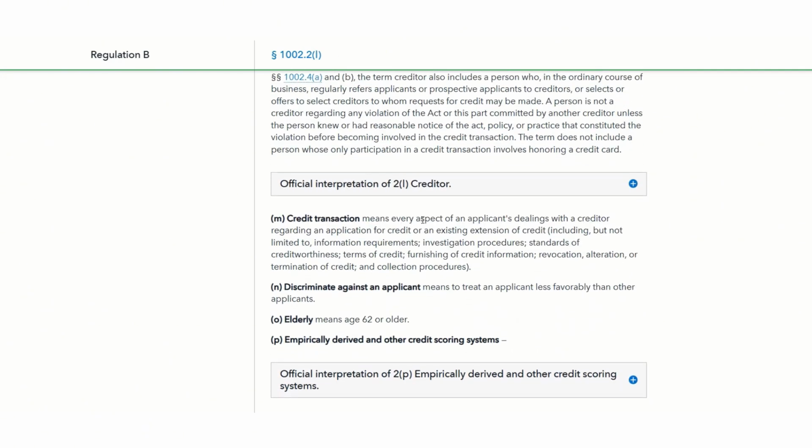It means every aspect of an applicant's dealings with a creditor regarding an application for credit or an existing extension of credit, including but not limited to information requirements, investigation procedures, standards of creditworthiness, terms of credit, furnishing of credit information, revocation, alteration, or termination of credit, and collection procedures.